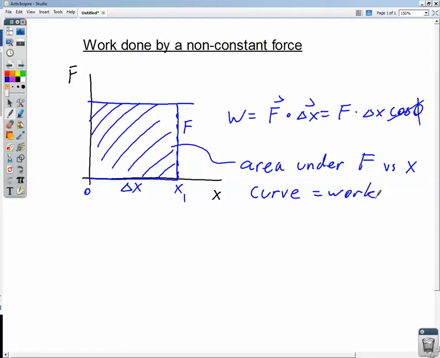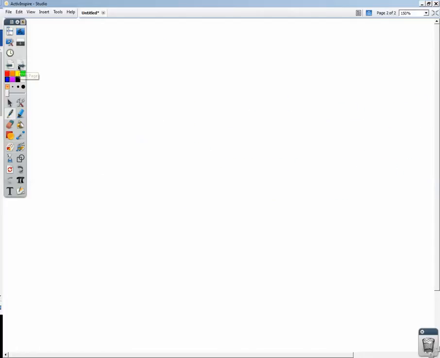So let's take that to a situation where we have a non-constant force acting. Again, we're going to graph force on the vertical axis, and displacement or position on the horizontal axis. Let's say that for the first amount of time, we're doing a force F1, and then we get tired, and the force that we apply is less.